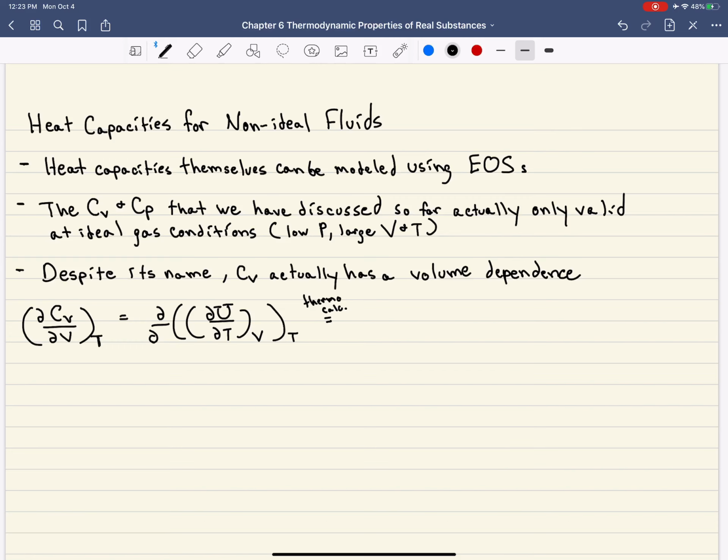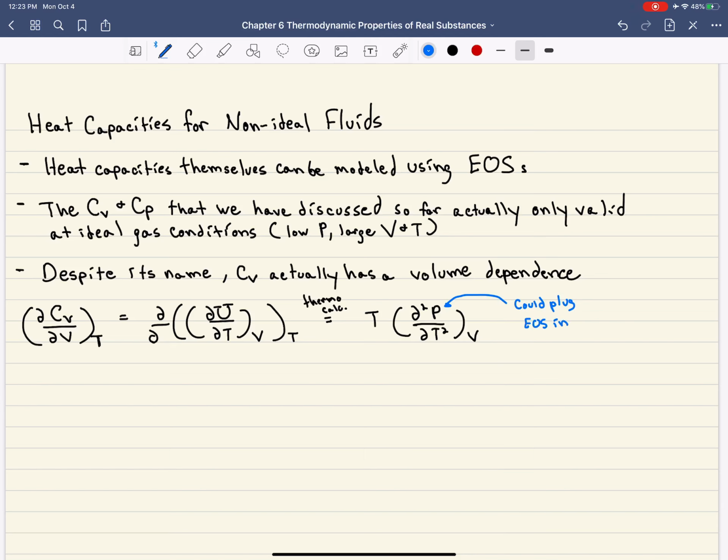And if you go through all those steps, what you could eventually show is that the partial derivative of the heat capacity with respect to volume at constant temperature ends up just being equal to T times the second partial derivative of pressure with respect to temperature at constant volume. Okay? Right? And so we do see here that the volume dependence of the heat capacity, if we had some sort of equation of state here, we could plug the EOS in.